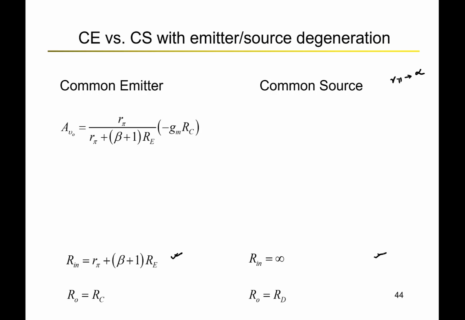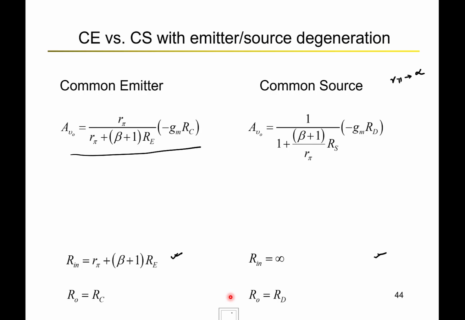The Ro still stays at RD. We can divide the common emitter's voltage gain formula by R pi on the numerator as well as the denominator, which gives me 1 over 1 plus (beta plus 1) by R pi.